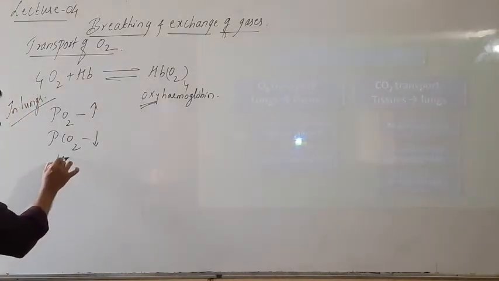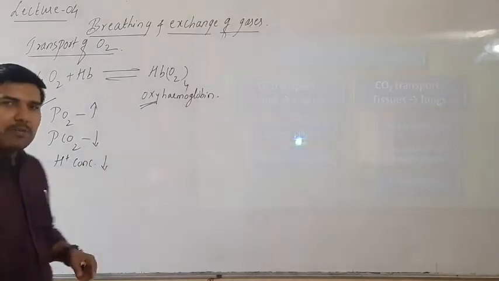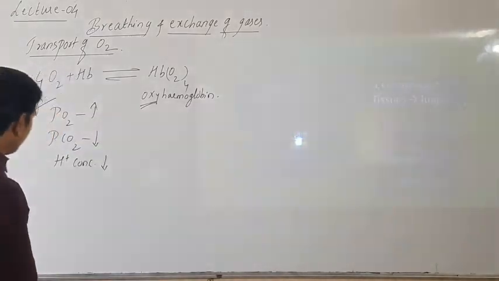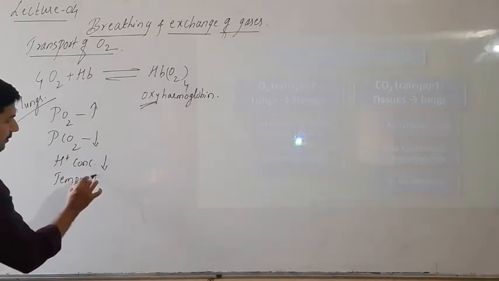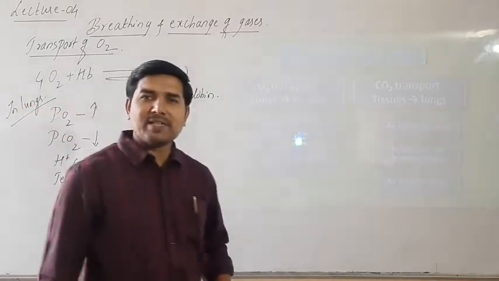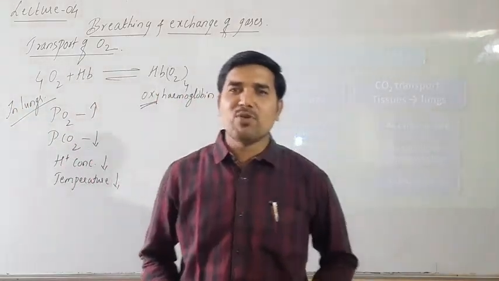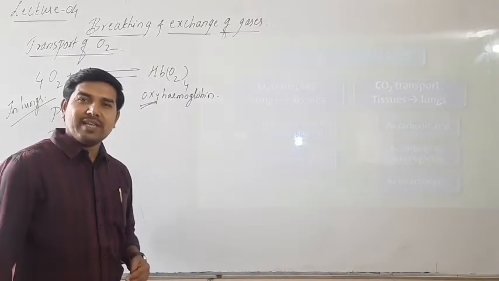Then H plus concentration should be low, that means pH should be high. Then apart from this, temperature should be low. That means all these factors influence the binding of oxygen to hemoglobin in the lungs.